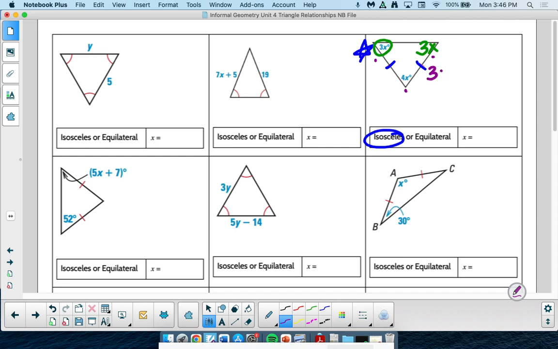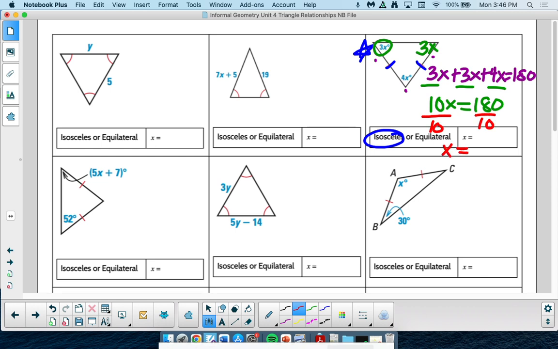So we're going to have 3x plus 3x plus 4x equals 180. Combine your like terms. How many total x's do we have there, folks? We should have 10, right? Get x by itself. x should be 18. Again, check the bottom, make sure it works out.